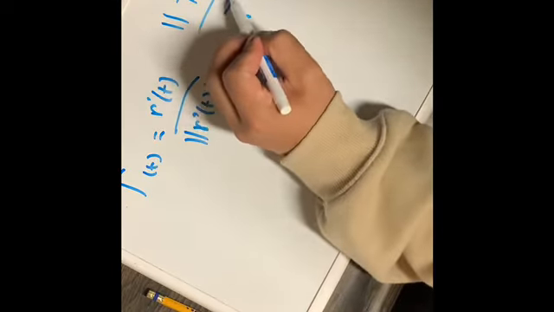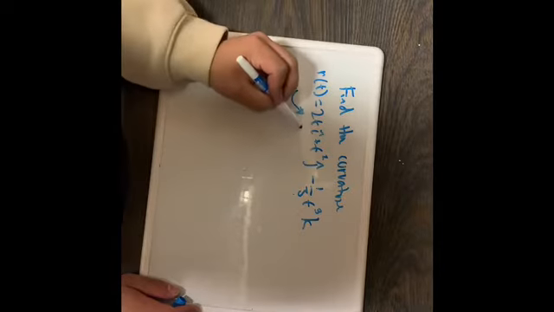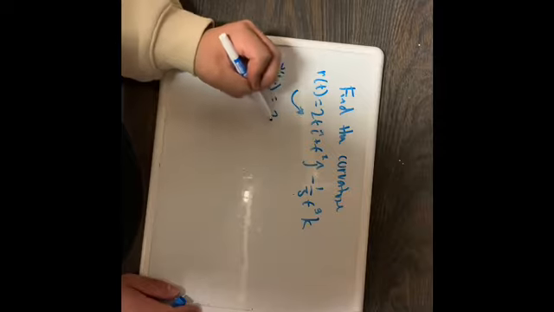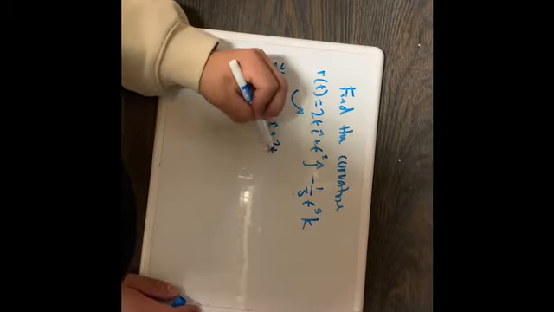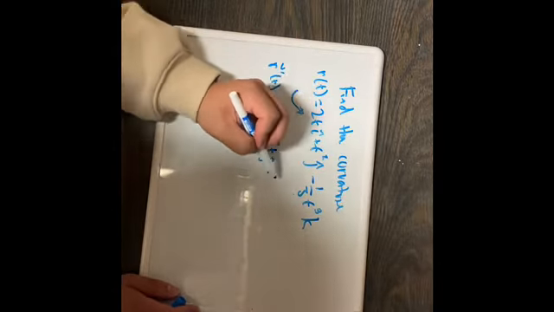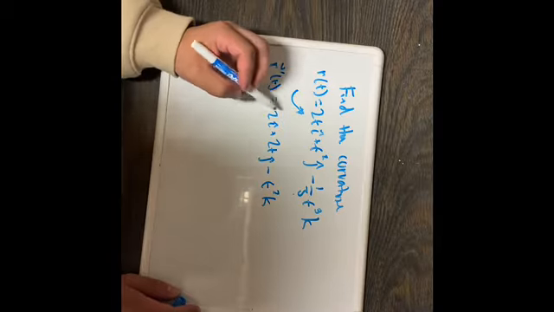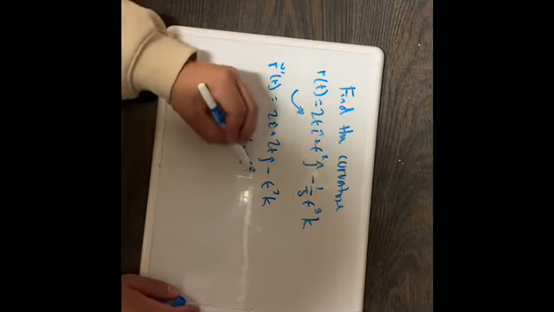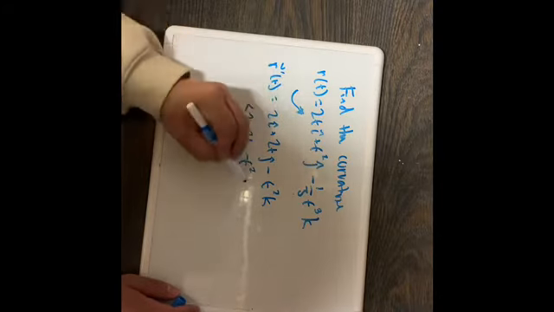We just want to take the derivative of each. And so it goes 2i plus 2t j minus t squared k. And if we put it into vector notation, we get 2, 2t, minus t squared. Okay?